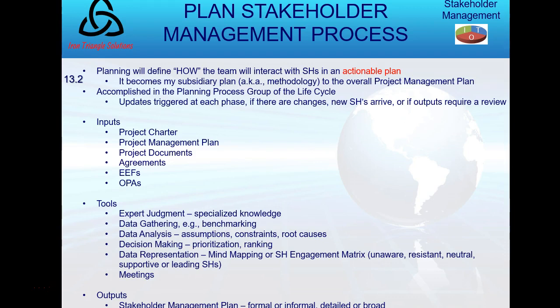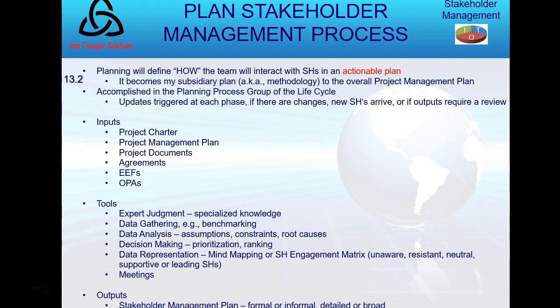Project documents always include the issues log, the risk register, assumptions log, and change log. One note about the assumptions log is it's going to be linked to specific stakeholders. And it often lists also constraints, assumptions and constraints. Now, the agreements, EEFs, and OPAs.